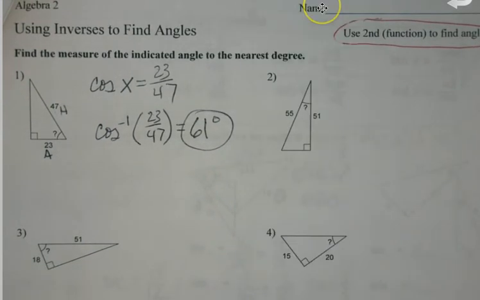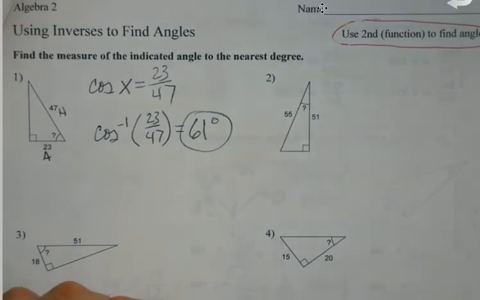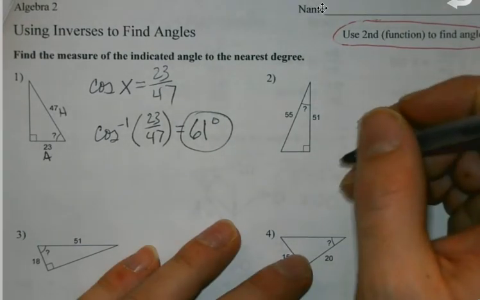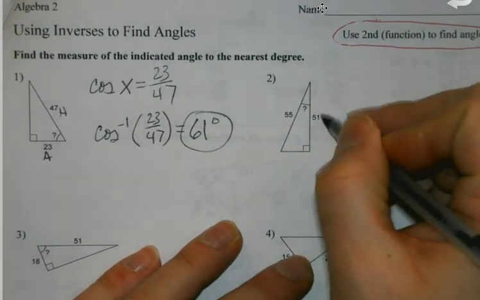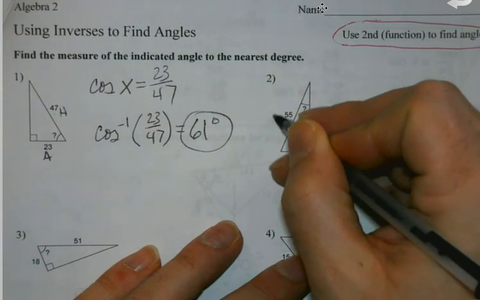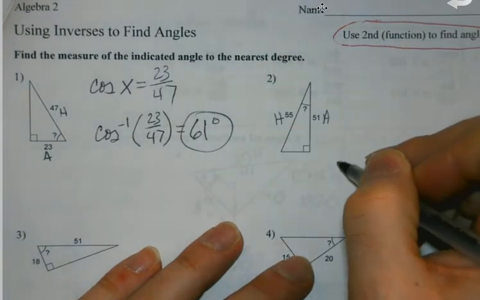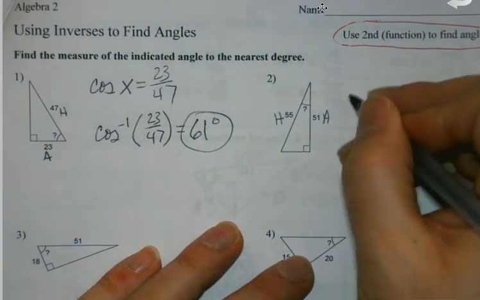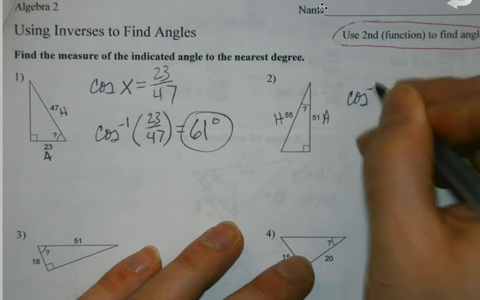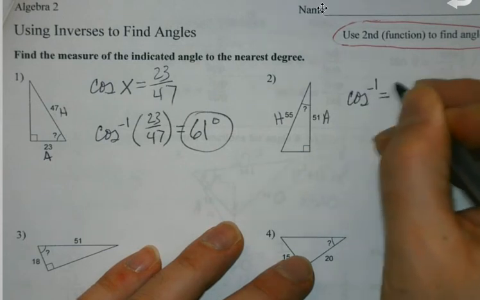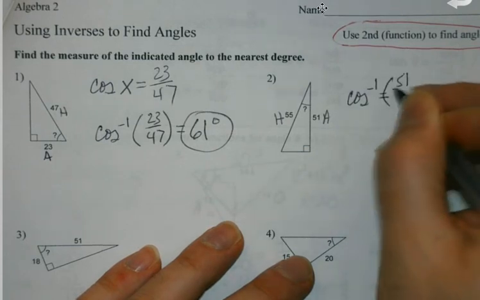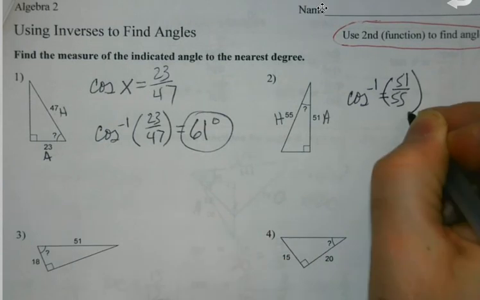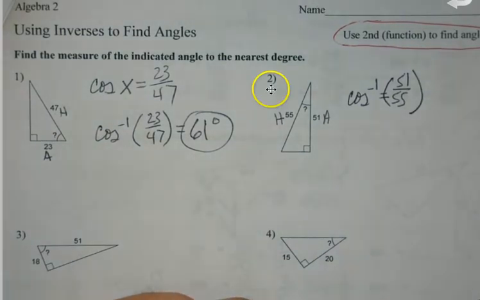When we're doing these, let's do 2 and then I'll jump around just a little bit. We've got the same ones again: adjacent and hypotenuse. So again, I would do second cosine and adjacent over hypotenuse, 22.